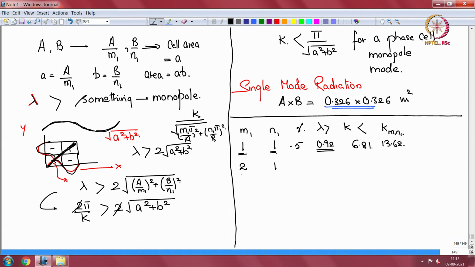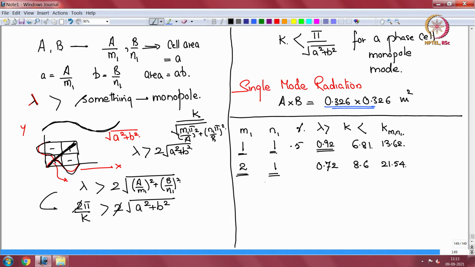Then the cells themselves have become shorter. Okay, and therefore what happens is lambda has to be only greater than 0.72. Okay, so now the wave number can be higher, frequency can be a little bit higher, so it comes to 8.6, and this of course is 21.54 here.